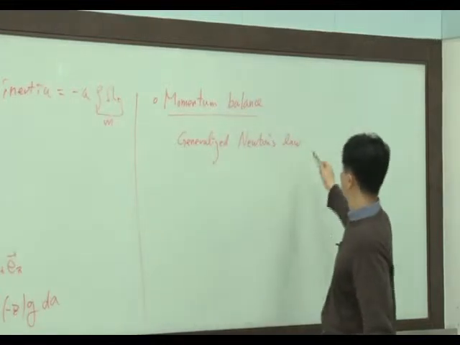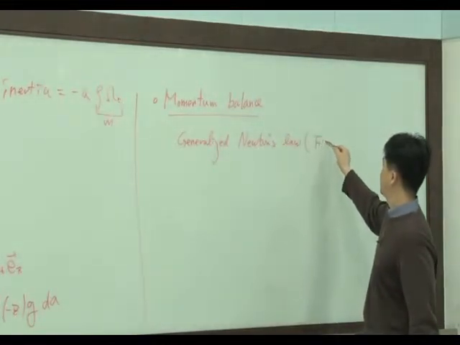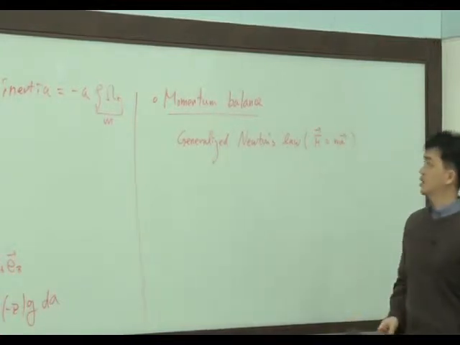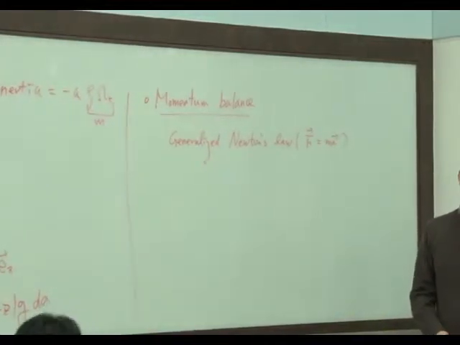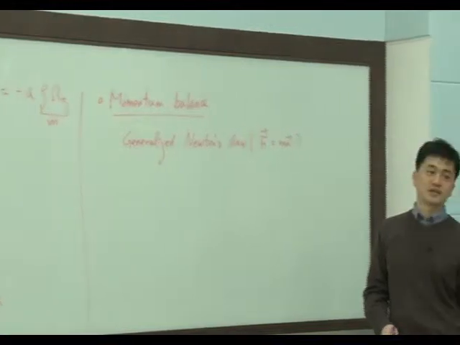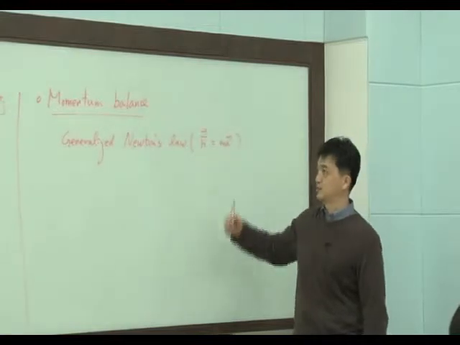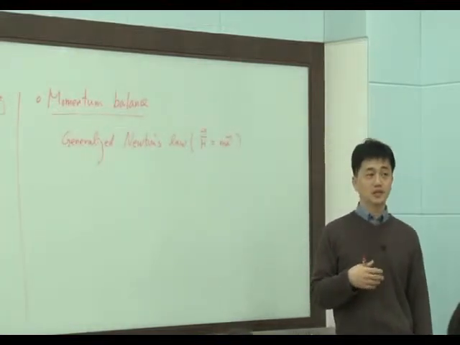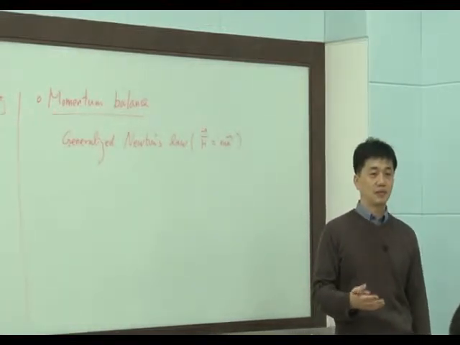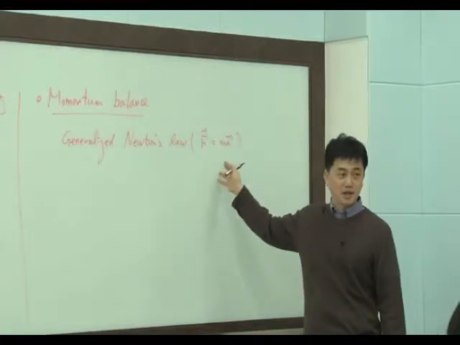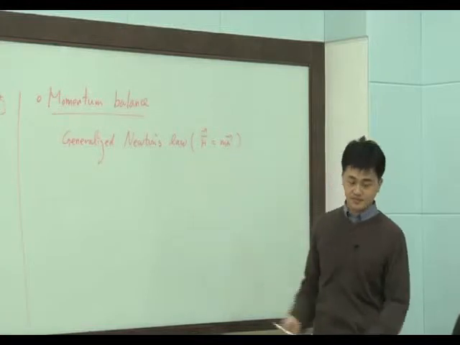You know Newton's law, right? F equals ma. This is Newton's law, right? So if we generalize this simple Newton's law, we can have a momentum balance. So momentum balance is a superset of F equals ma, okay?